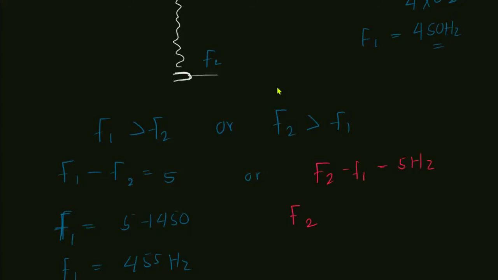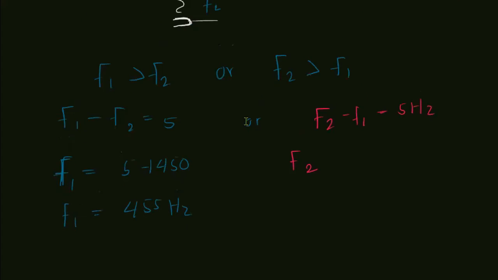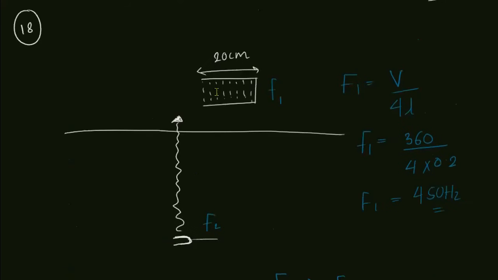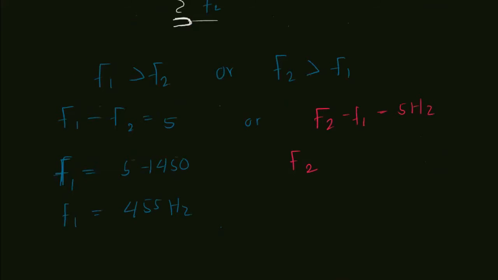Here at this point there was a small mistake, we have written it on the other side. So when F1 is greater, who is F1? F1 is the sound produced inside the one enclosed tube. So we need to erase this, sorry about that, guys.